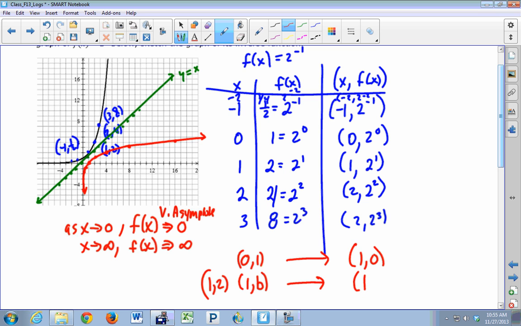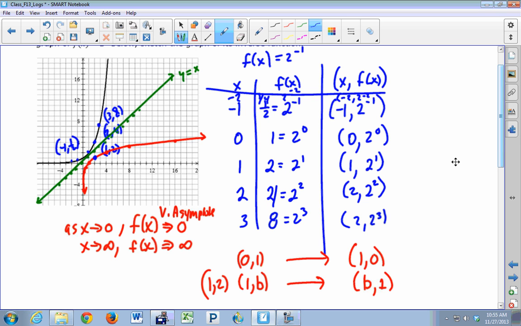And then you look to see what value of x will give you a 1, and that's going to tell you your base. So if you go to your exponential function and look at y equals 1, you notice that you're at (1, 2). So that's what your base is.